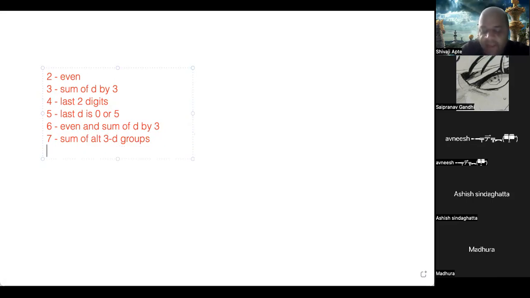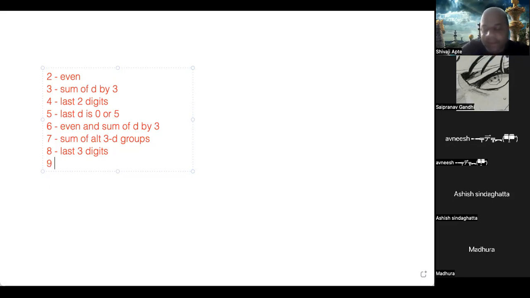For 8, we had discussed last time. Last 3 digits you take, and if they are divisible by 8, then you know the entire number is. Why? Because 1000 is divisible by 8 exactly. 125 into 8 is 1000. So any number beyond the third place doesn't really matter, because you are multiplying that by 1000, so it will always be divisible. The only thing that matters is the last 3 digits.